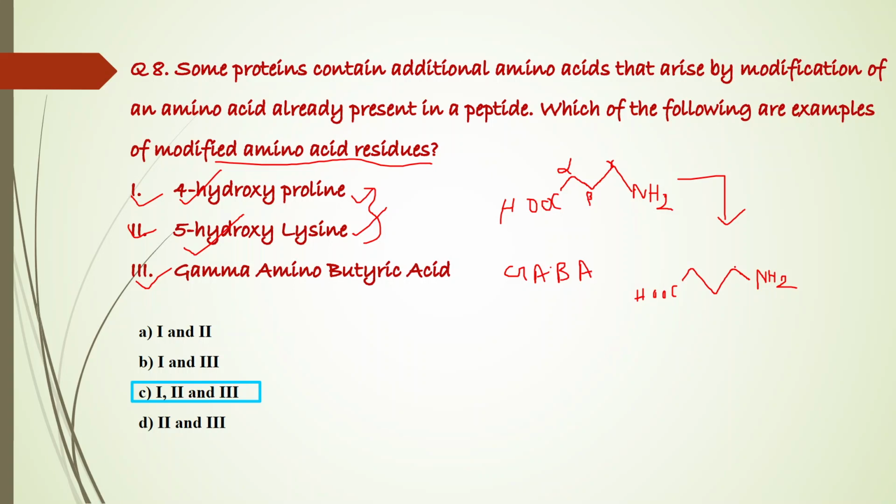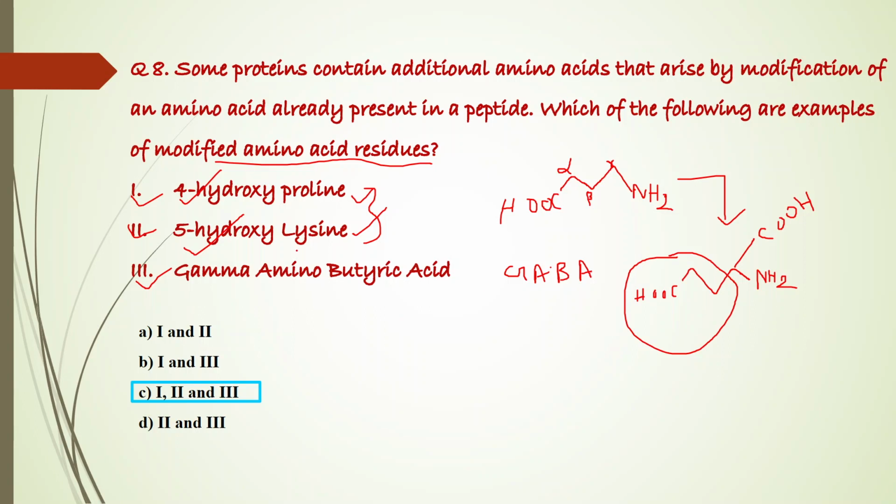Now if I just add another COOH group here, does this resemble any of the amino acids that you already know? So what is the structure? NH2CH2COOH, and this is your R group, CH2CH2COOH. It is nothing but your glutamic acid. You have already read this.